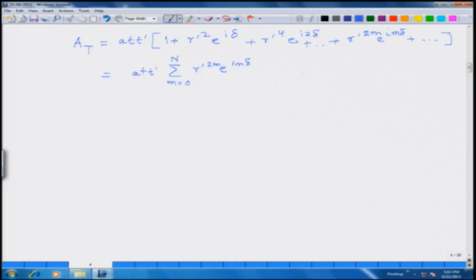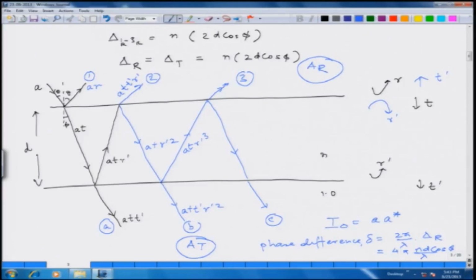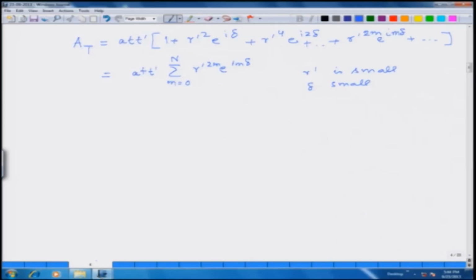So, for the problem where r prime is small, and also that we know that delta is small. Basically, the point we are making here is, although I have drawn it so clearly as if this ray is so far off from the next and so on, in actuality they are very close. So, basically the path difference between 1 and 2 is very small, they are very close to each other, that is why they are able to interfere and give you an effective reflectance and transmission value.